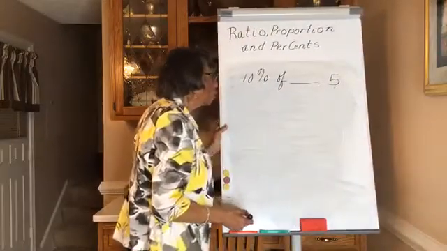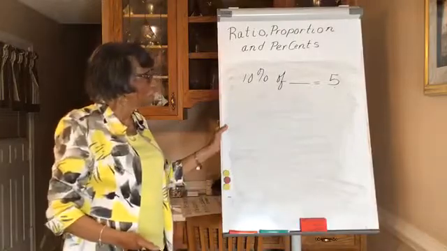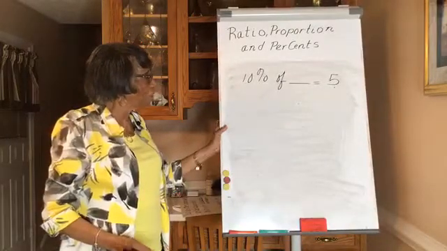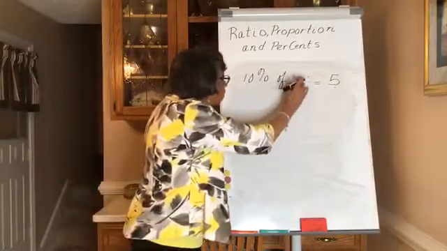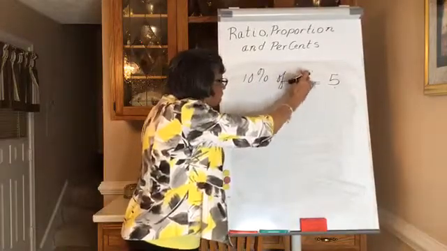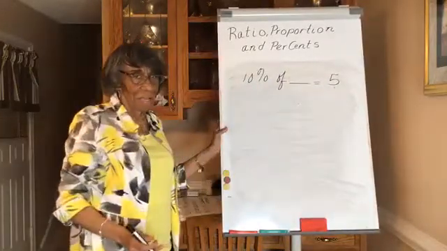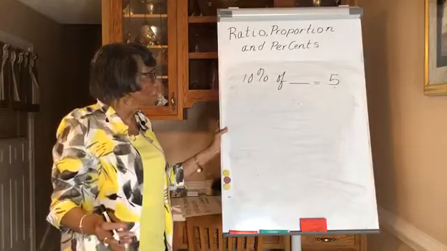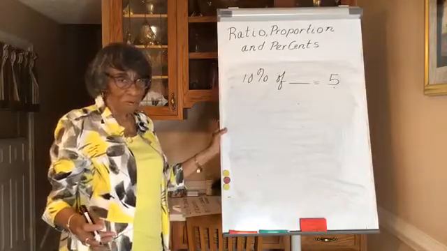Okay, so we got another little situation here now, because this time we know that 10 times something, 10 over 100 times something equals 5. Okay, so how would we approach this?